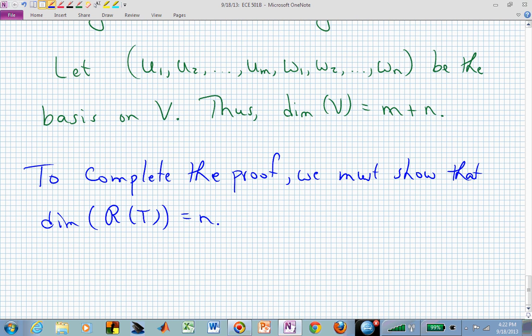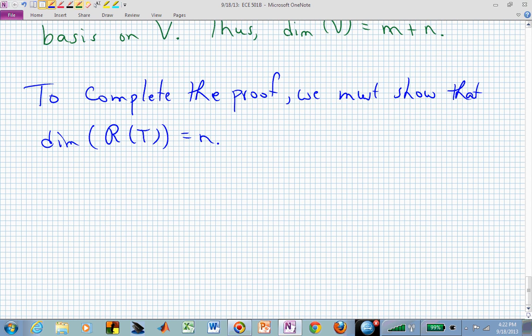That's what we need to do. So now let's play with this linear map T and have it operate on some generic vector v in the domain. Let's take just any arbitrary vector v in our domain.